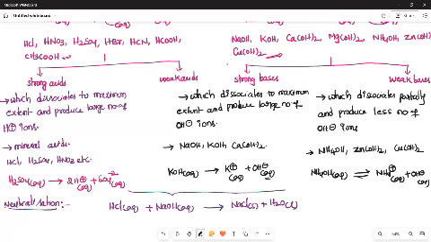This is the neutralization reaction. But actually the active components are H plus and Cl minus in HCl, and Na plus and OH minus in NaOH. The reaction between H plus and OH minus produces water; that is the neutralization actually.